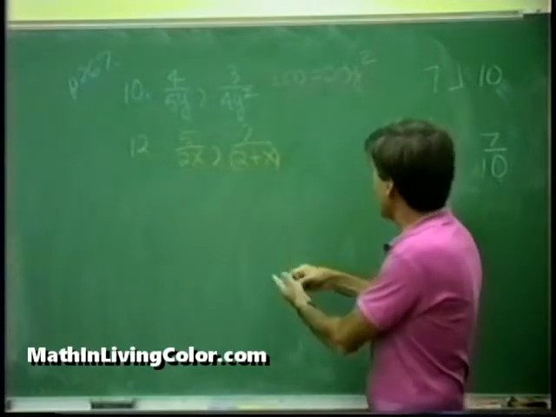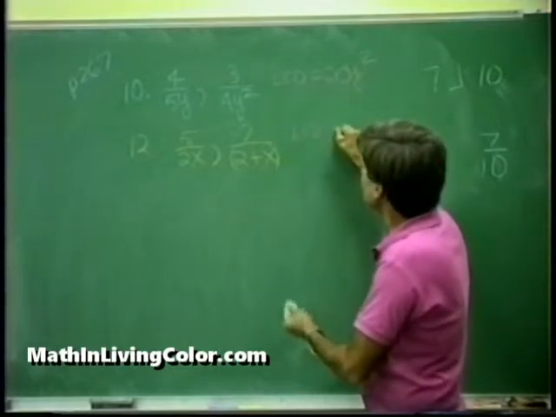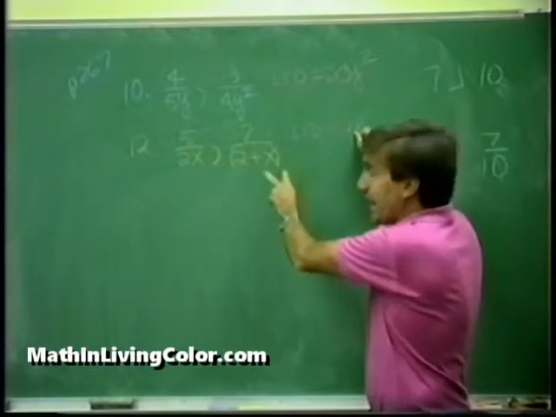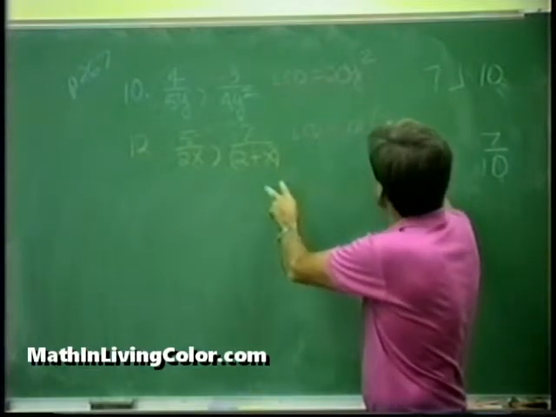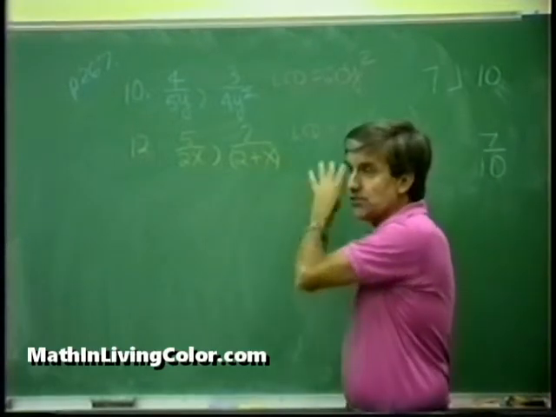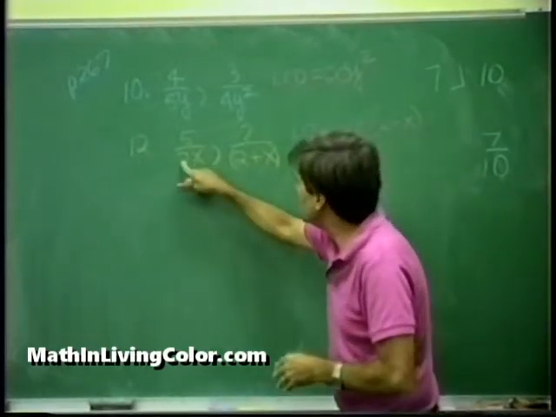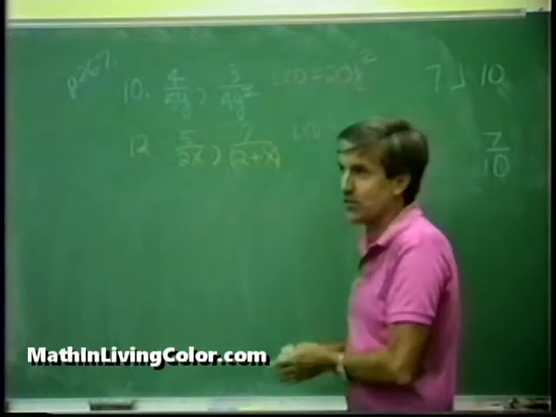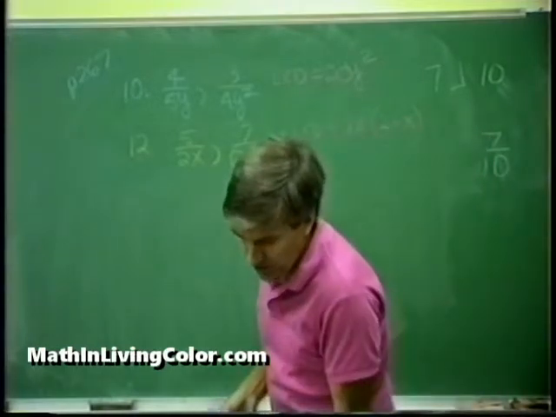So what would I have to have for the LCD? 2x, and times the 2 plus x, right? So you have to have all of those factors because this 2 and the x and the 2 plus x each represent separate factors. So you'll have to have all of those in the common denominator.